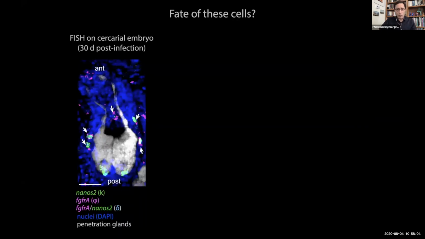And so what you're looking at here is a fluorescence in situ hybridization image from a cryosection of an infected snail. And what you're looking at here, this is the cercarial embryo developing in the snail. So this is the body that I showed you. The tail, the muscular tail that does the swimming would be off the screen at the bottom down here.